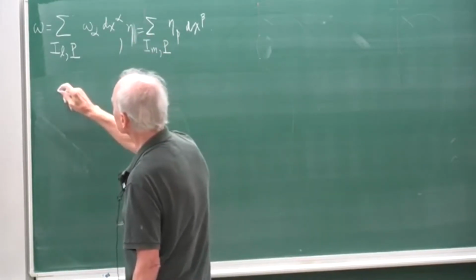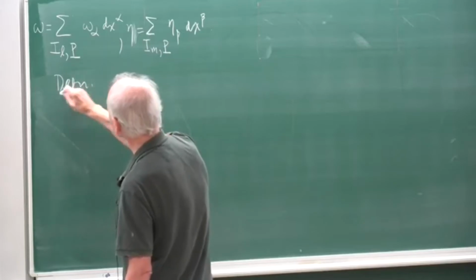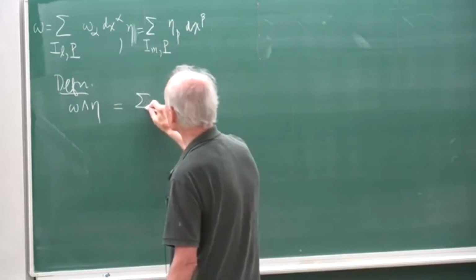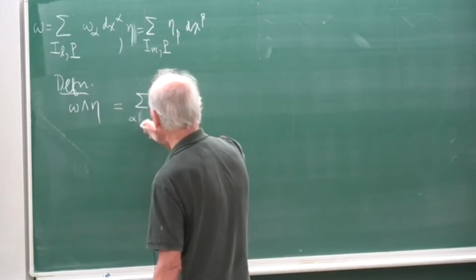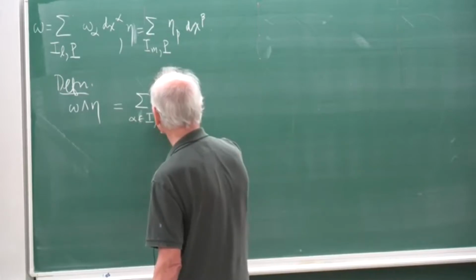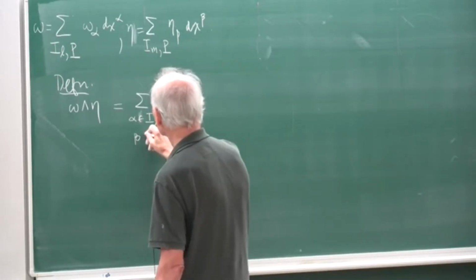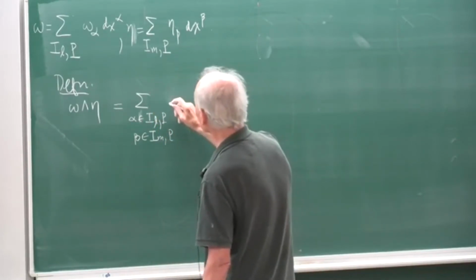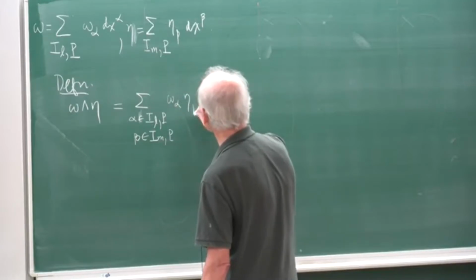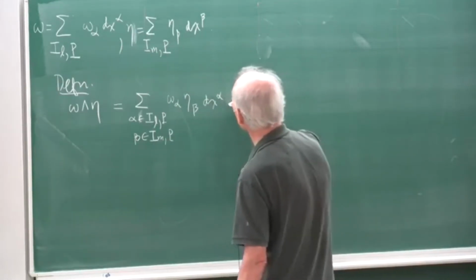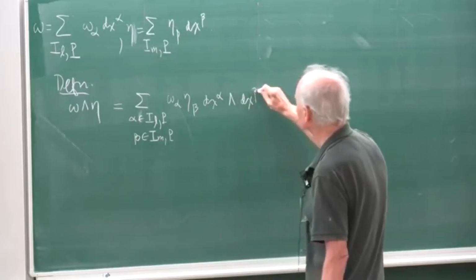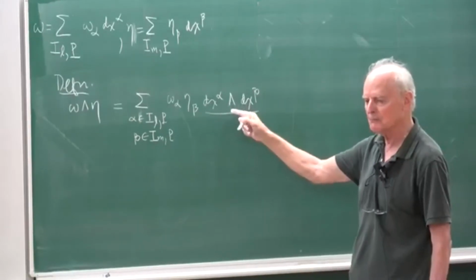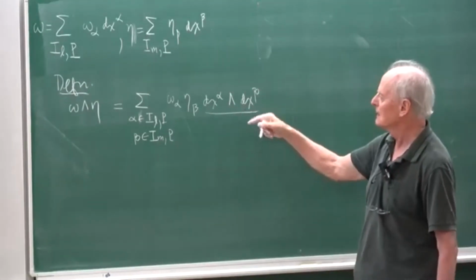And then you define the wedge product of these. ω wedge η equals the sum over α and β of the product ω_α times η_β times dx_α wedge dx_β. Notice this makes sense. This means dx_j1 wedged up to dx_jn, and this one means dx_i.